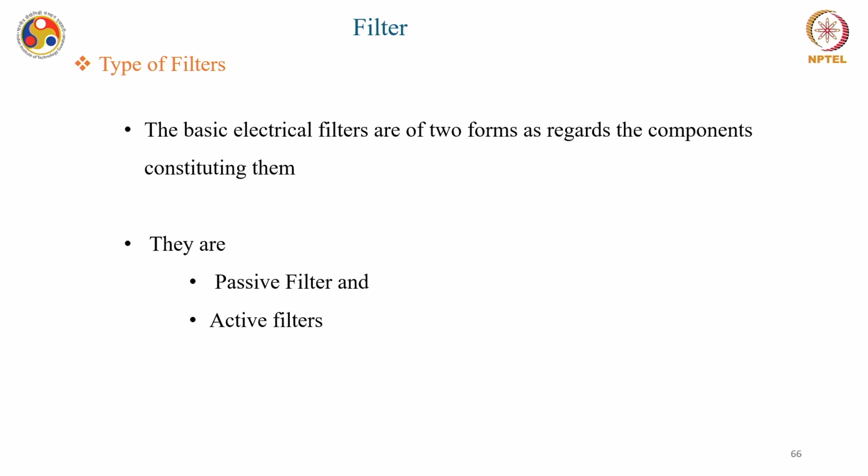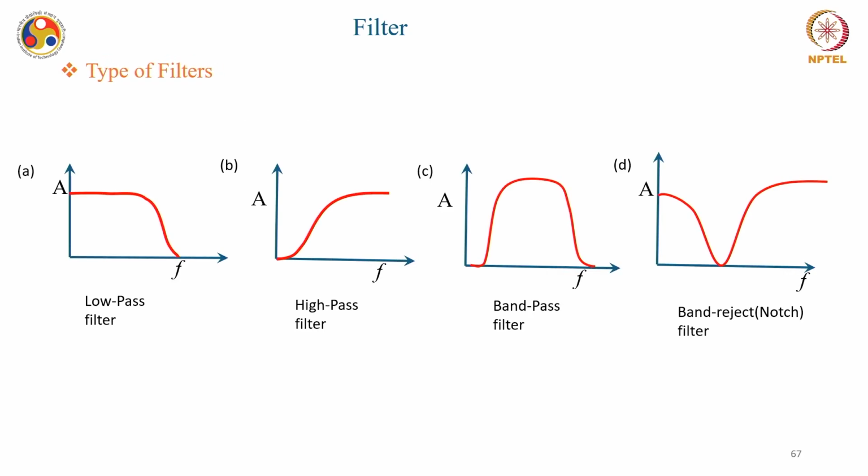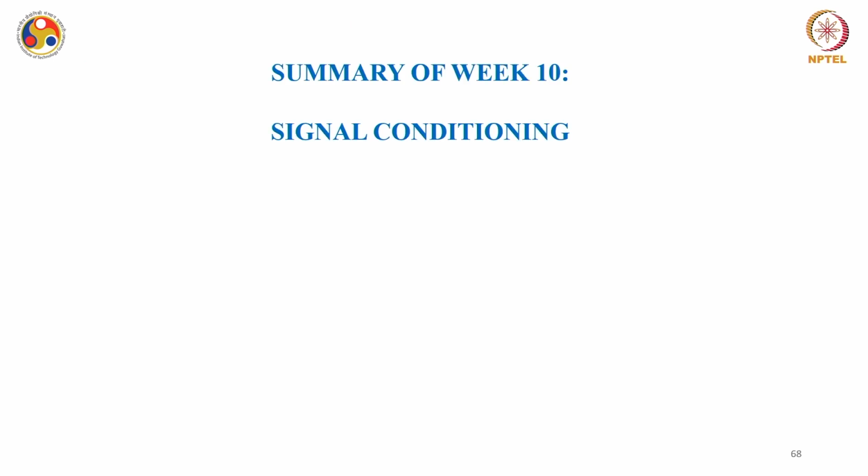The passive filters were only using resistances, capacitances, inductances, while active filters also utilized op-amps, so along with filtering they can also provide certain gain, which the passive filters were not capable of. We have seen four different kinds of filters: low pass filter, high pass filter, band pass and band reject, or what we called the notch filter as well. You can see their characteristics, and we have discussed all these characteristics in detail.